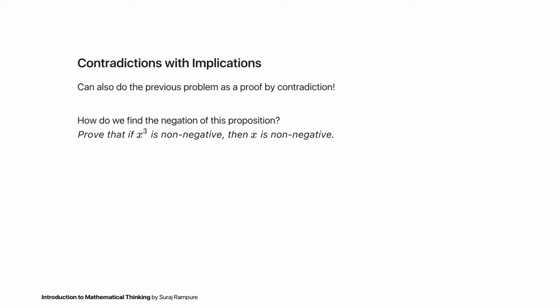A nice little extension to this, though, is whenever we see a proof of the form if P then Q, we don't always have to immediately jump to contraposition. When you first look at it, you might say, okay, we're trying to show that P implies Q, let me immediately start by assuming not Q. But just because it's an implication doesn't mean we need to use contraposition.